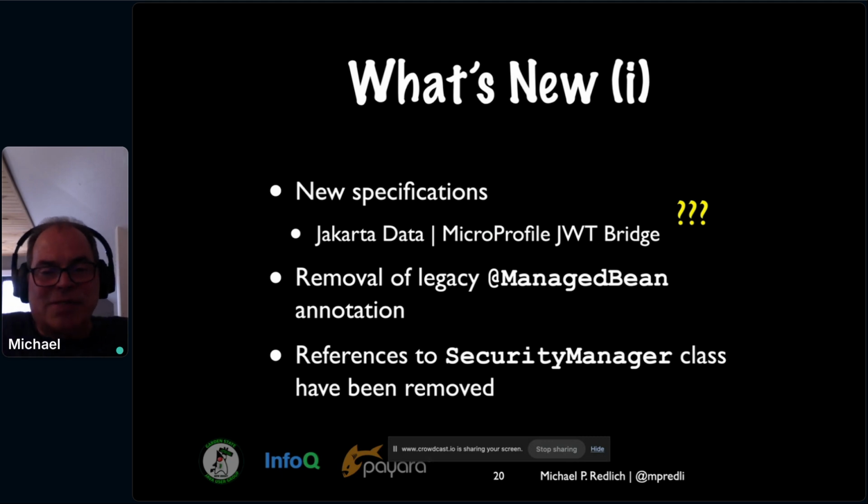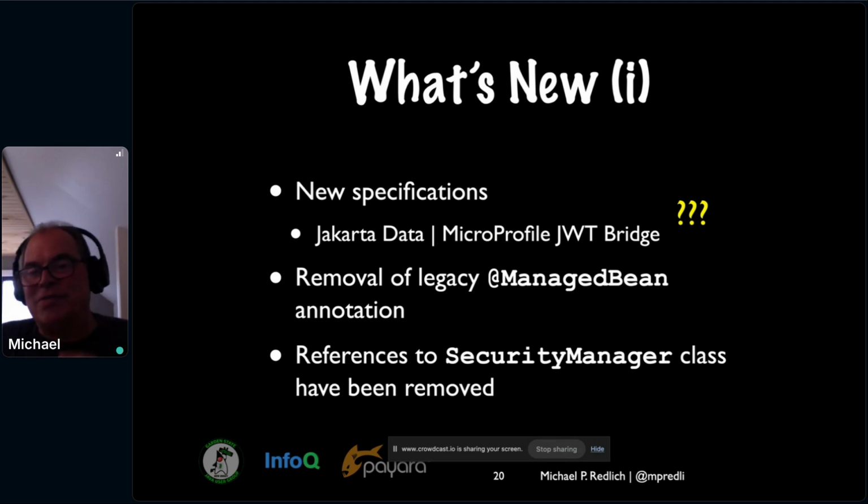The managed bean annotation has been removed. I know managed beans was something that was popular early on in the history of Jakarta EE, but everything is going over to contexts and dependency injection, or CDI. All right, so that's that. And also the SecurityManager class in Java was deprecated in JDK 17.